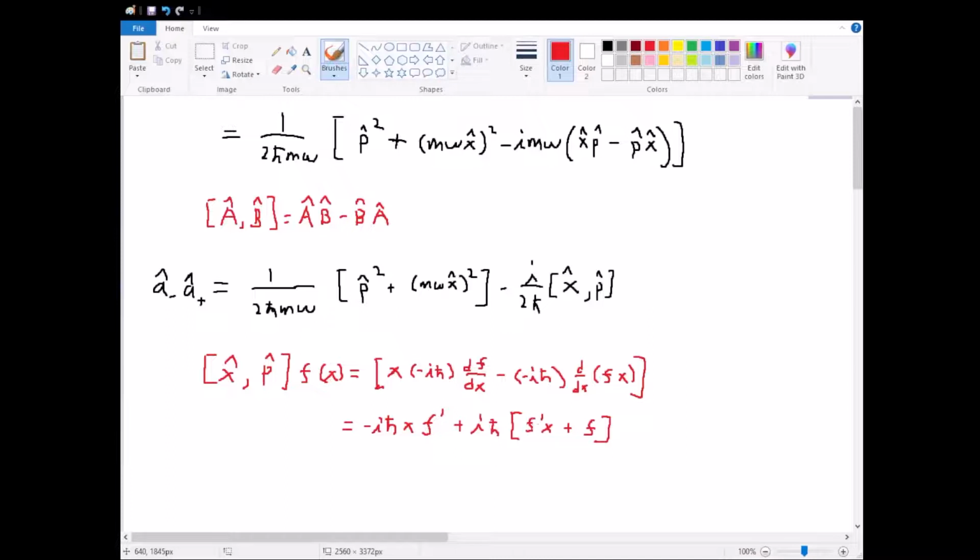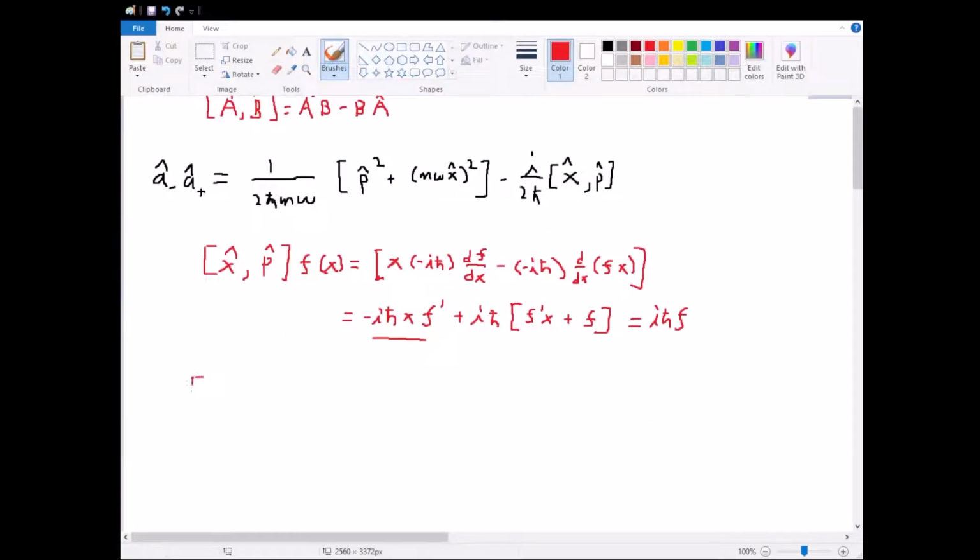Automatically, we should see that this first term and this second term cancel, leaving us with the final term, which is just i h bar f. Therefore, the commutator of x hat comma p hat is just going to be equal to i times h bar.